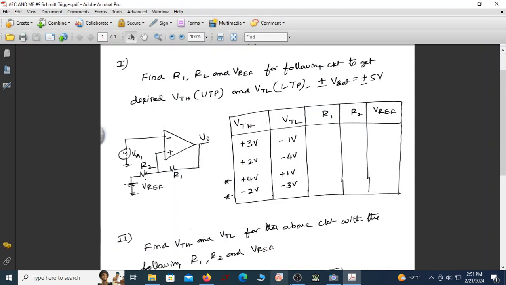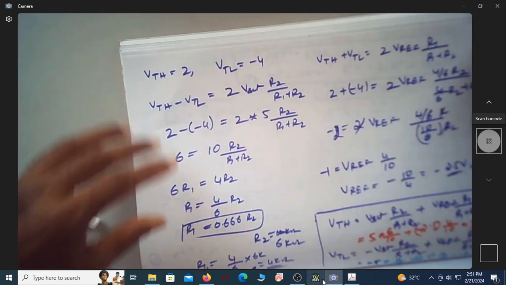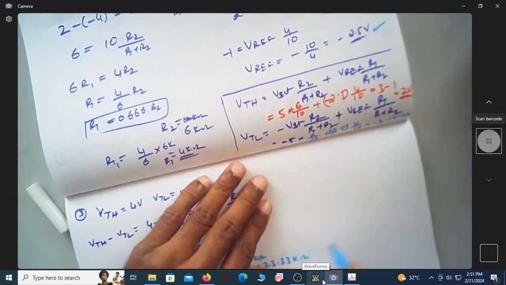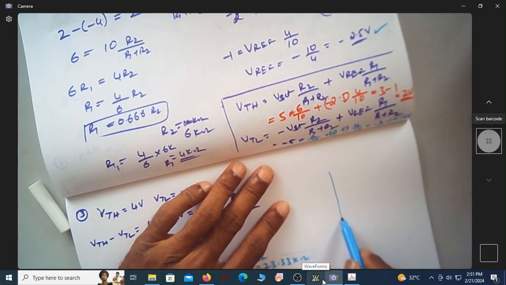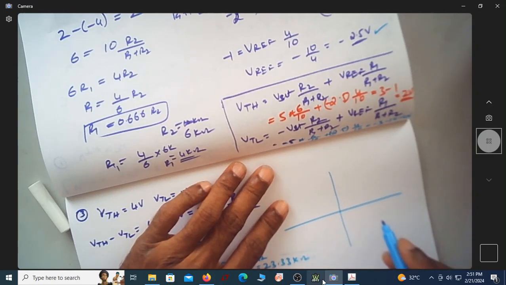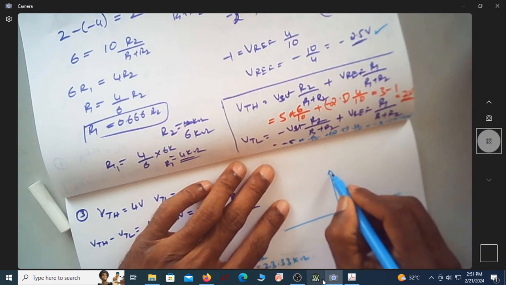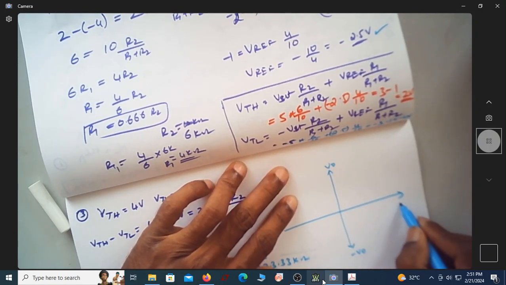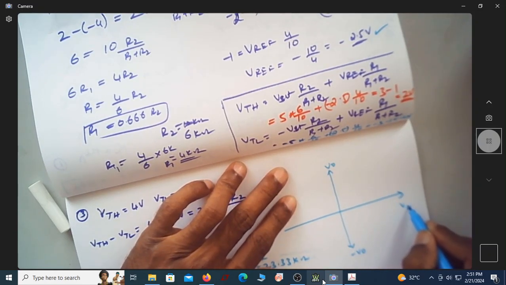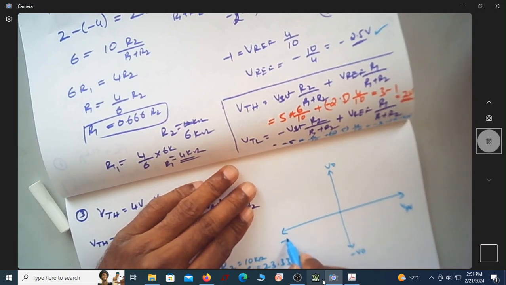Let us write the transfer characteristics, which is nothing but output versus input. This is your minus V0 and V0, this is V in and minus V in, and this is 0.